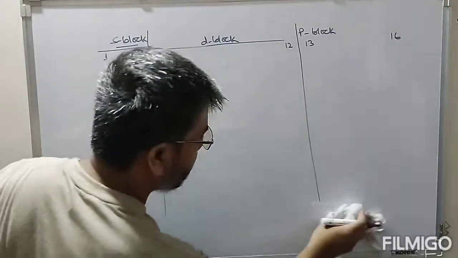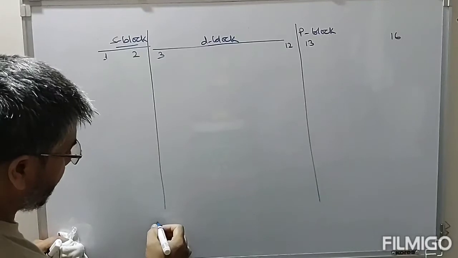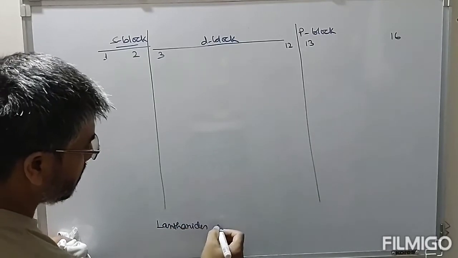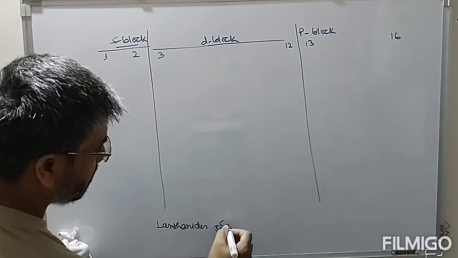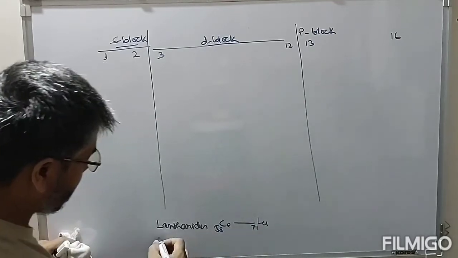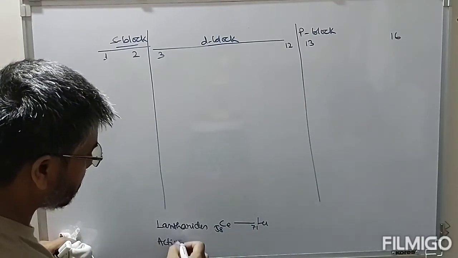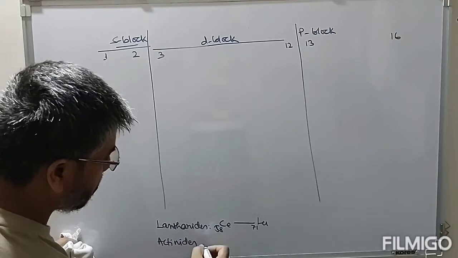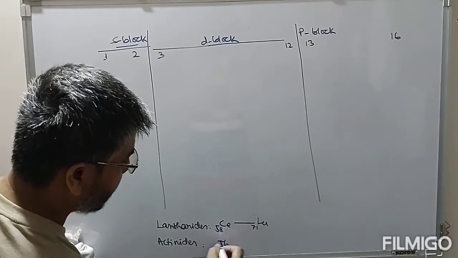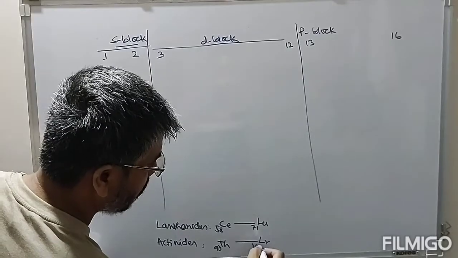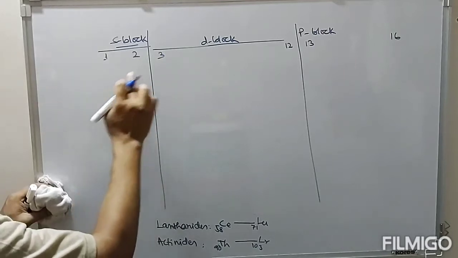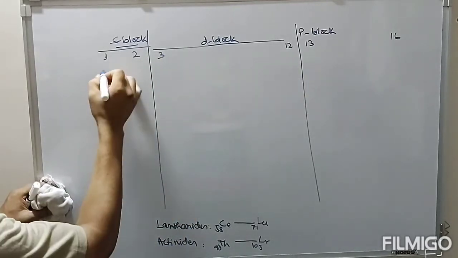And below this main table, we have lanthanides, that is cerium to lutetium. Below this we have actinides, that is thorium 90 to lawrencium 103. So we have these elements.